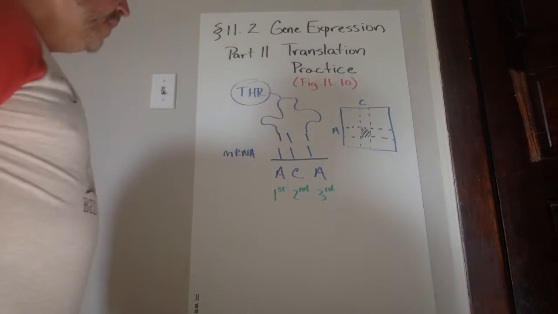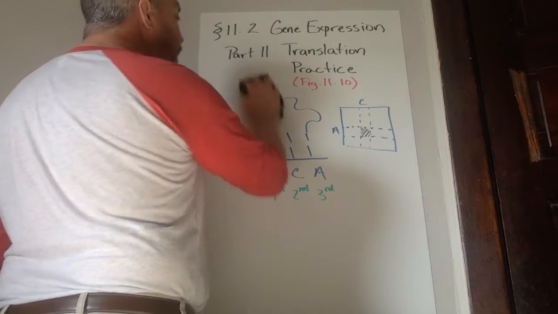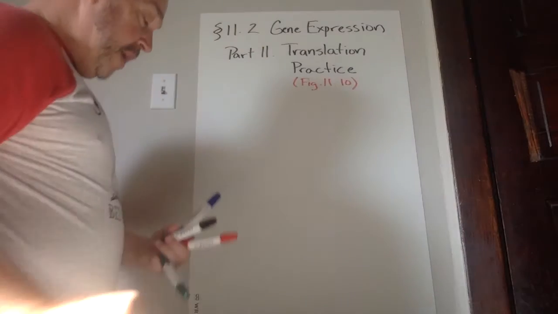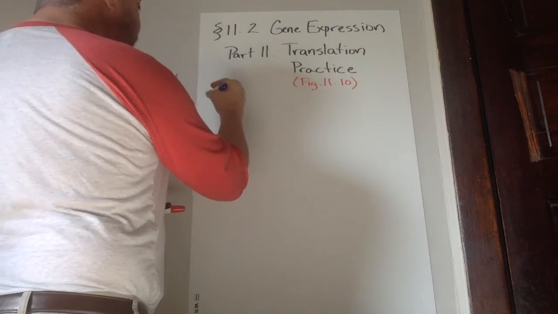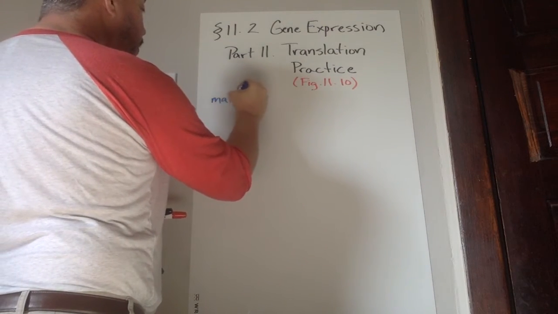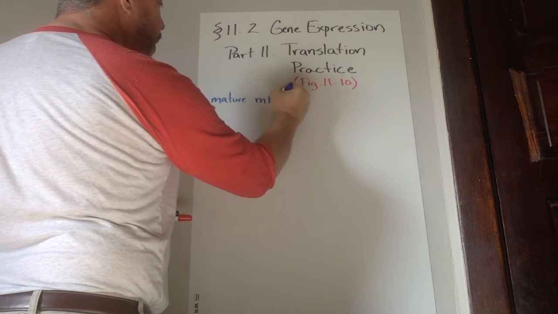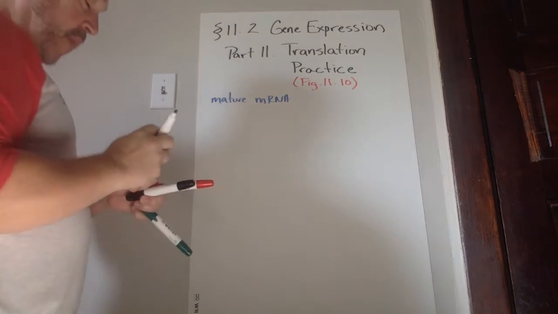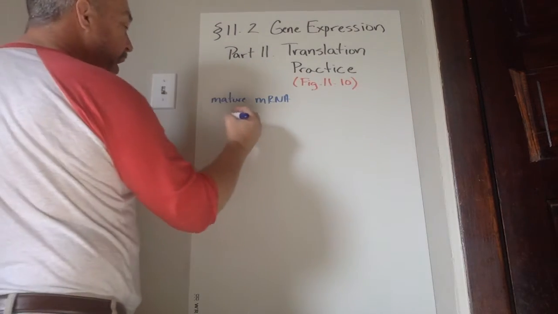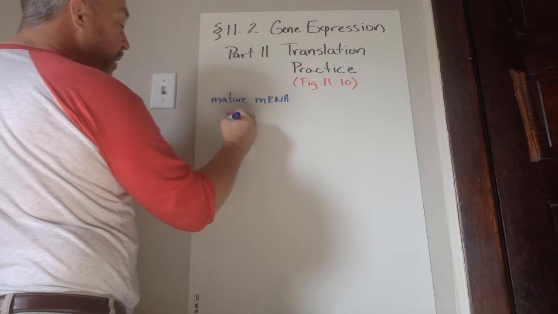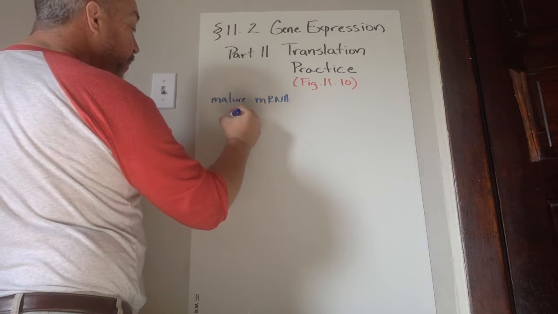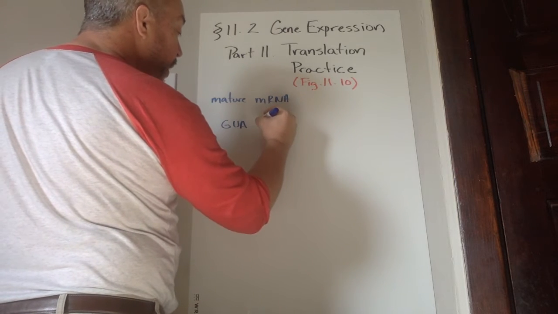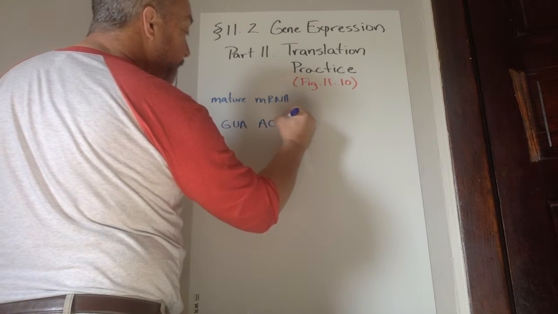So if I were to give you a set of codons in a mature mRNA, so let's say we have here mature mRNA, and let's say we have these letters. Remember, I'm not going to worry about diagramming the mRNA. Just like we did in the previous practice, we're just going to write a bunch of letters, and we'll write them in sets of 3 so that we know what the codons are.